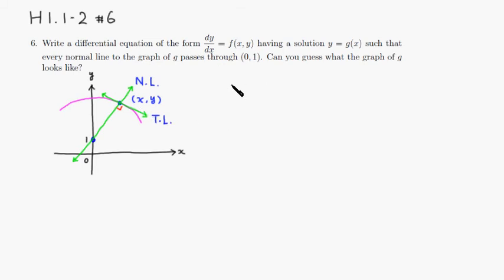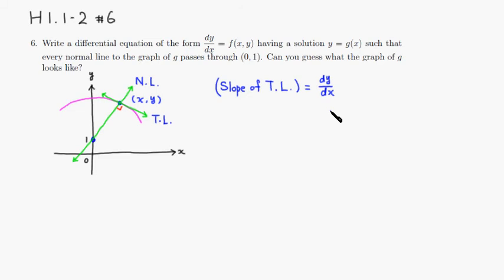So here, the slope of this tangent line can be expressed as dy over dx, because the derivative always tells us the slope of the tangent line.